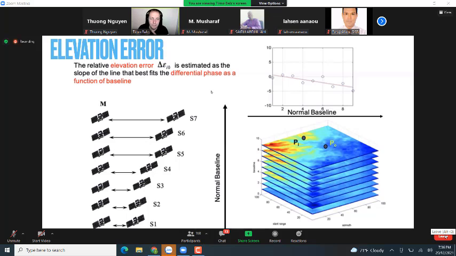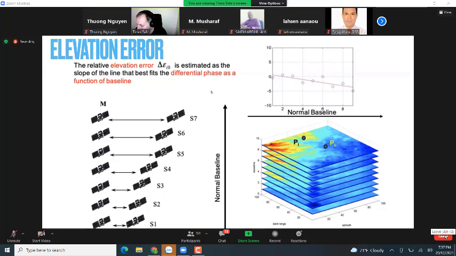However, the error of the elevation is a function of the baseline. The phase related to the height, or the DEM error, has a relation to the baseline.